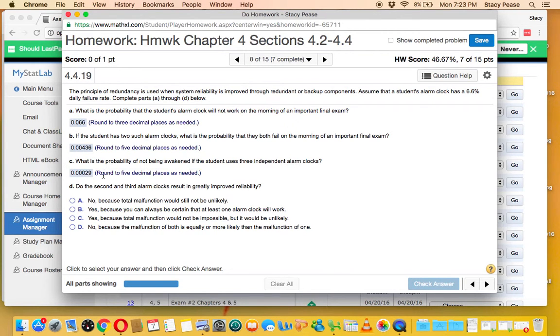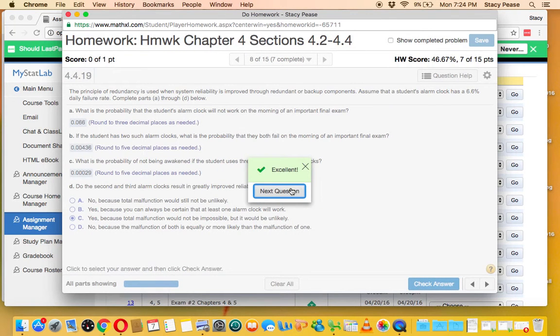Here you have a fraction of that. So basically, with the more alarm clocks you add, the smaller your probability is of not getting an alarm. So we want to know, do they improve reliability? Yes, because a total malfunction would not be impossible, because this number is not 0, but it would be very unlikely.